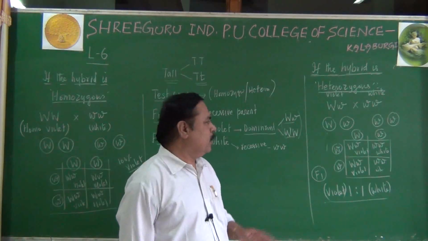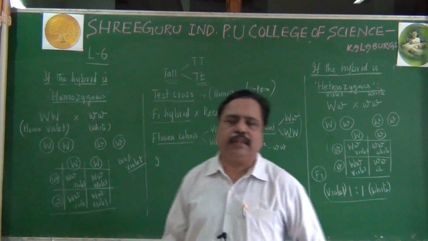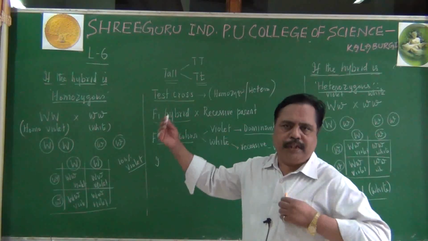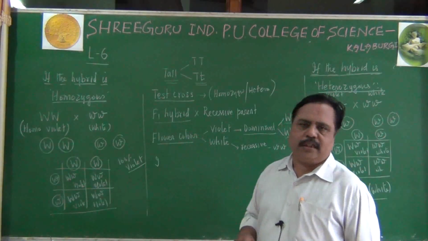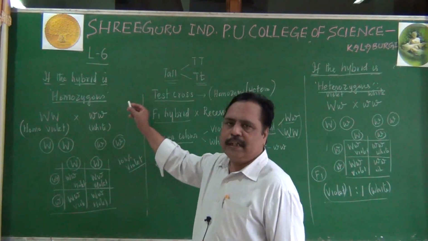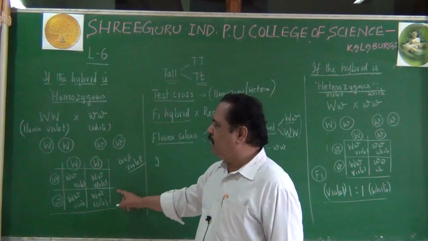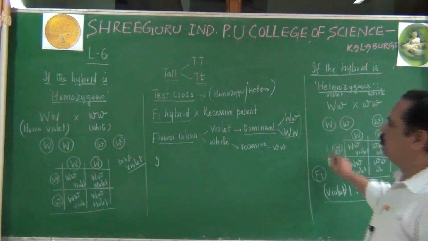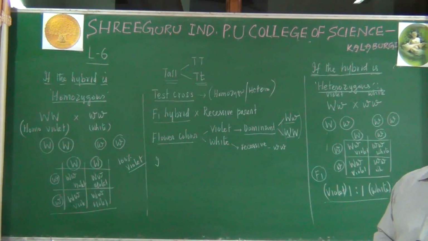I hope you got this point. This is the significance of test cross. It is an important 3-mark question. That's why I repeated it, even though it was taught in yesterday's class. Just make note of how homozygous behaves in test cross, and how heterozygous hybrid behaves in this test cross.